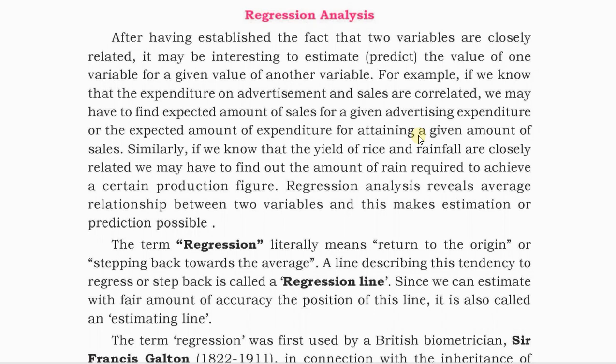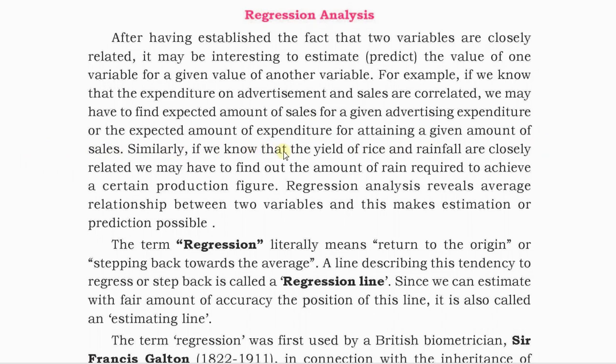In this session, we shall discuss the next concept of bivariate data, that is regression analysis. Now, consider this example here. If we know that the expenditure on advertisement and sales are correlated, then we may have to find the expected amount of sales for a given advertising expenditure or the amount of expenditure for attaining a given amount of sales.